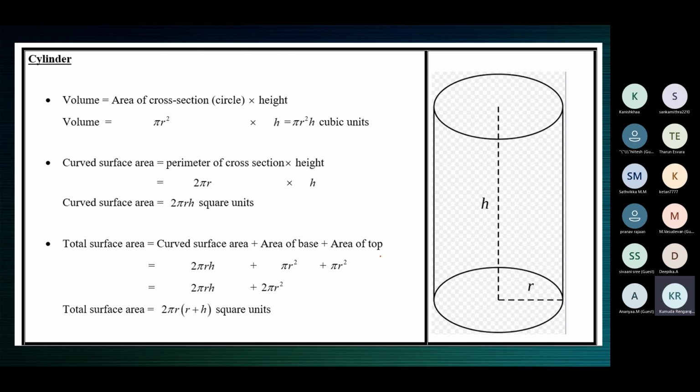Having understood the formulae under cube and cuboid, this should be easy. Please write down. Read, you should be able to understand it yourself.